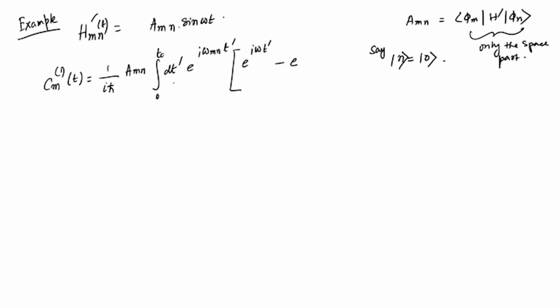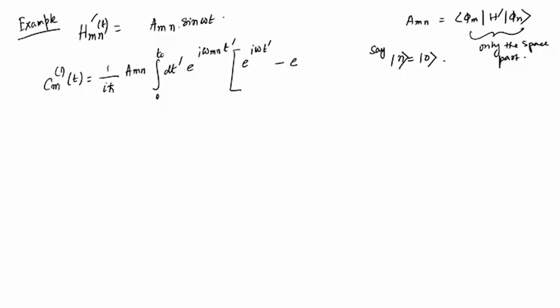See, why am I writing t' is that you are putting it inside an integral, and so we use a dummy variable so that we can integrate it from 0 to t, or here we are talking about 0 to t_0. So, it is a dummy variable that needs to be integrated over, and that is why we are not using t, but they mean the same thing.